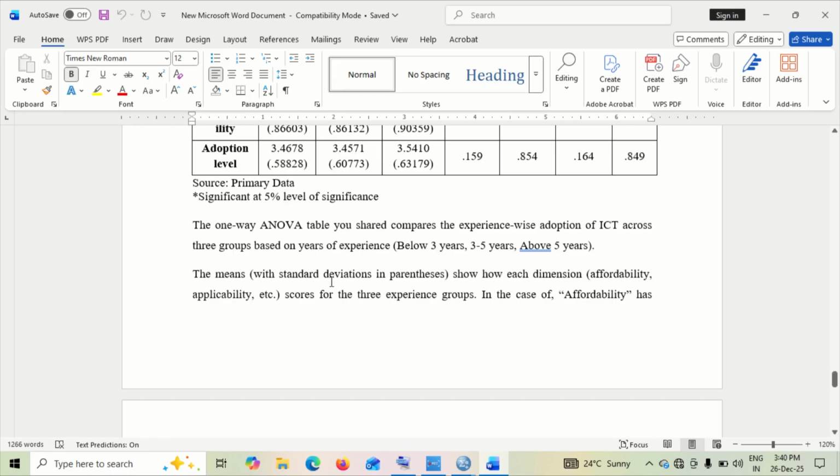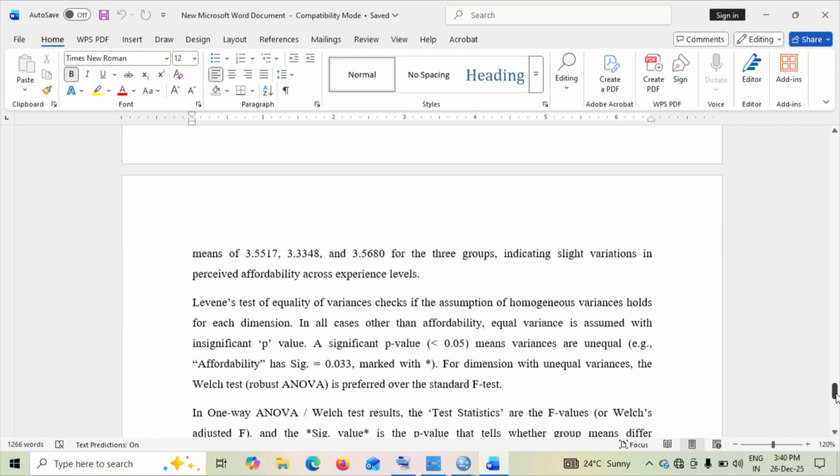The mean with standard deviation in parentheses shows how each dimension, such as affordability and applicability, scores for the 3 experience groups. In the case of affordability, the means are 3.5517, 3.3348 and 3.5680 for the 3 groups, indicating slight variation in perceived affordability across experience levels.